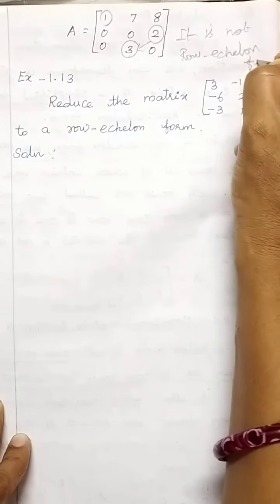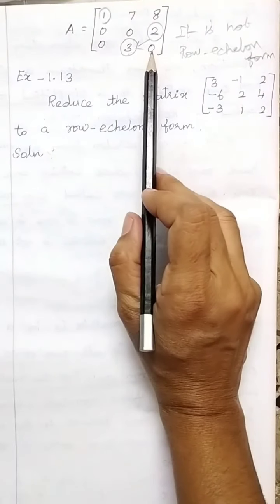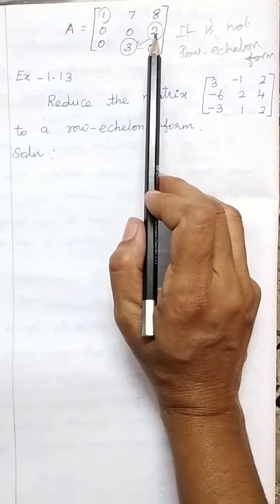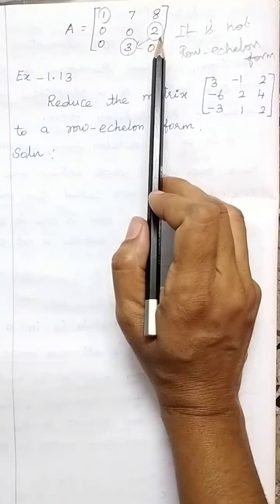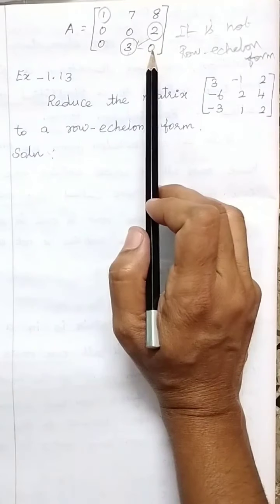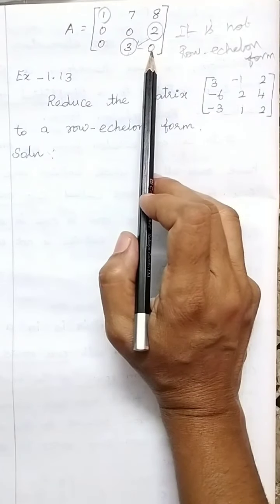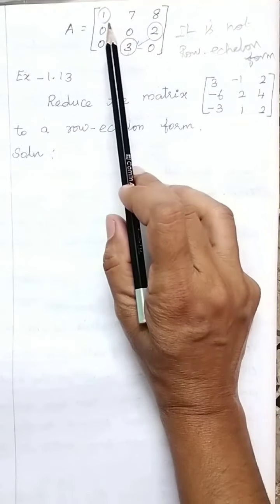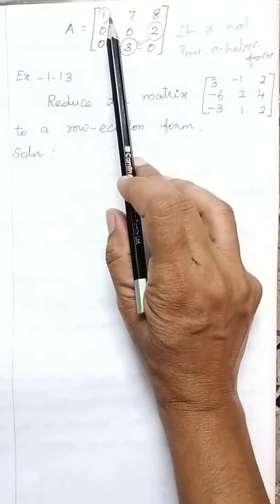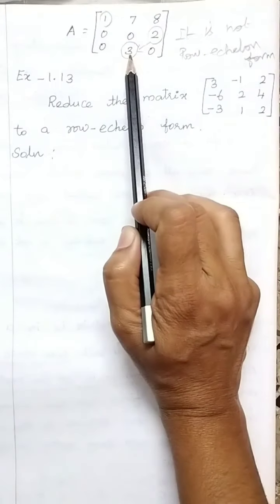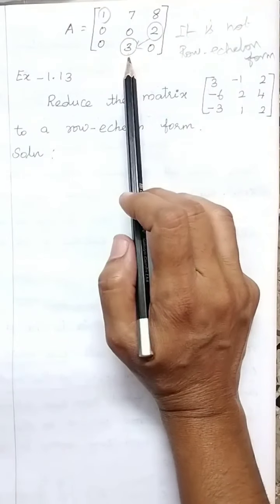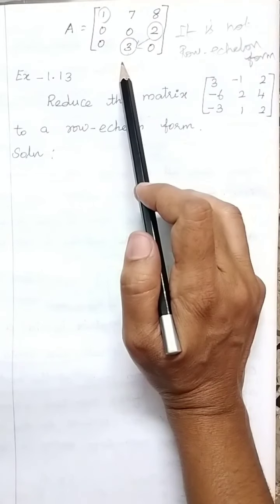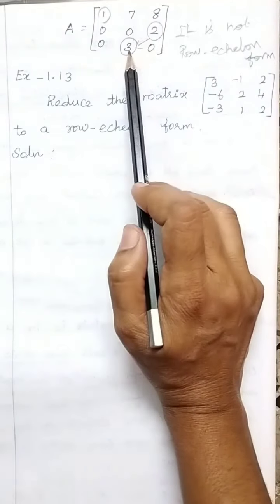Do you understand, students? Very important. First you check that every zero row occurs at the bottom of the matrix. Next you circle the first non-zero entry of all the rows, then you compare from down to up.